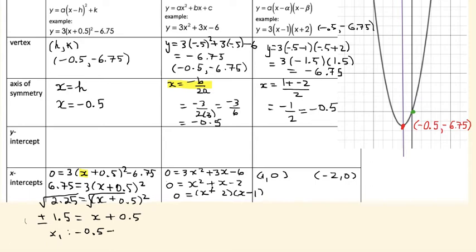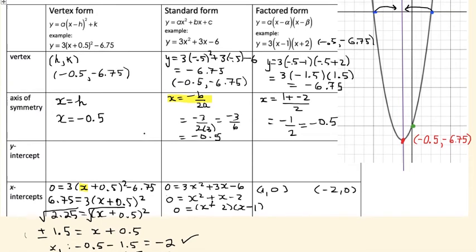So negative 0.5 minus 1.5, and there's our minus 2. And then the second one is going to be negative 0.5 plus 1.5, and negative 0.5 plus 1.5 is indeed our 1. So again, we do end up with the same x-intercepts as we already did.